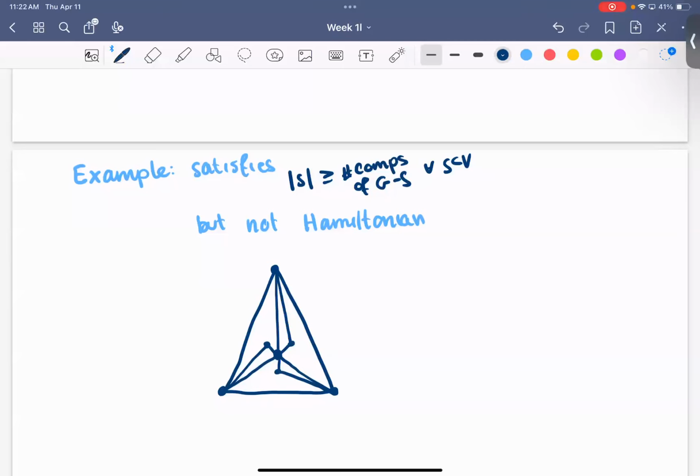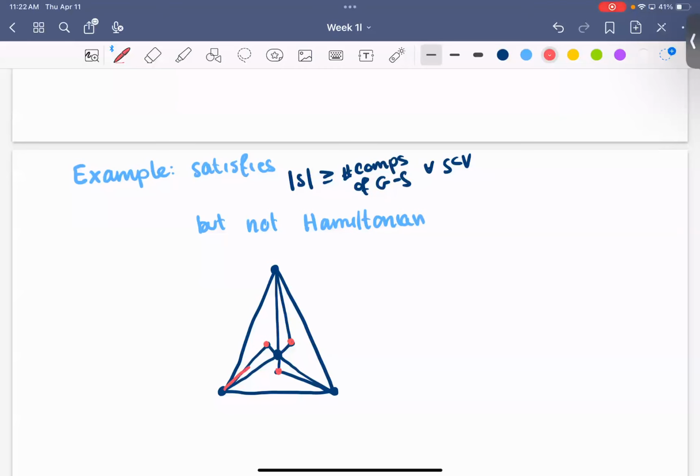Does anyone have a reason for why this isn't Hamiltonian? Yeah. Well, you have the three neighbors of the middle vertex. And for each of those, coming in or out of those vertices, you'll have to touch the middle vertex, but of course you can't touch it 3 times. Yeah, these three vertices all only have degree 2, so we don't really have any options there.